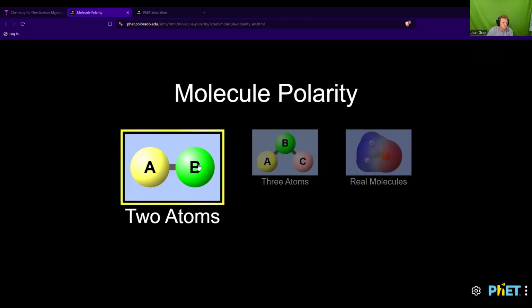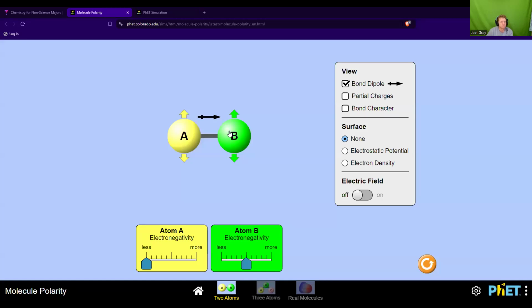Okay, so let's first start looking at a two-atom compound. What this is showing us is a molecule that's made up of two different atoms. If you look down at the bottom, we can adjust the electronegativity. We can make it less electronegative or more electronegative, and these are all just relative scales.